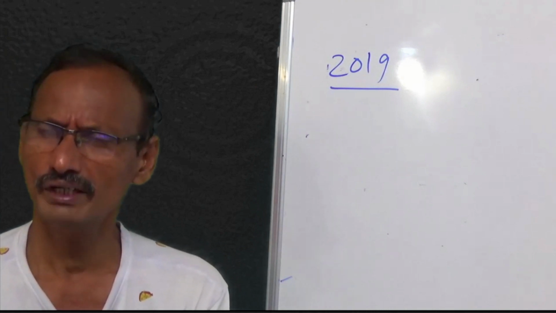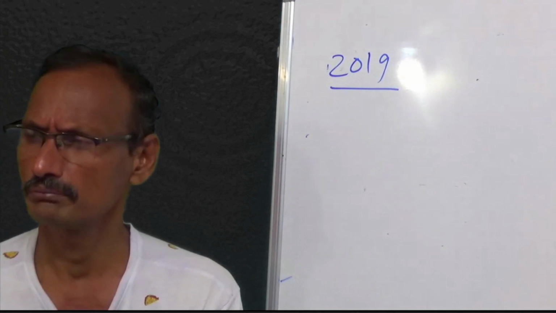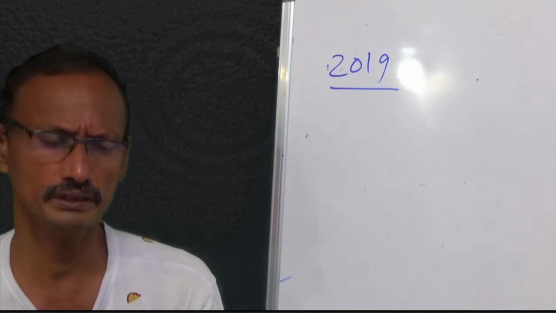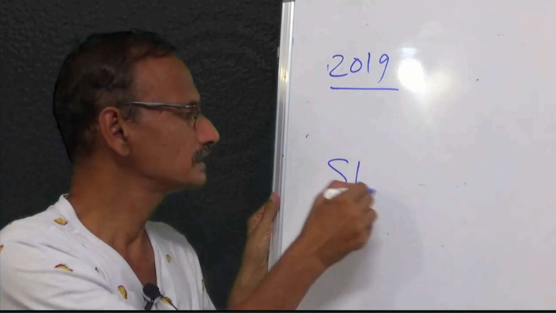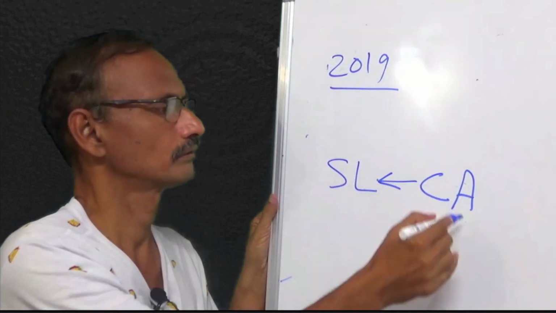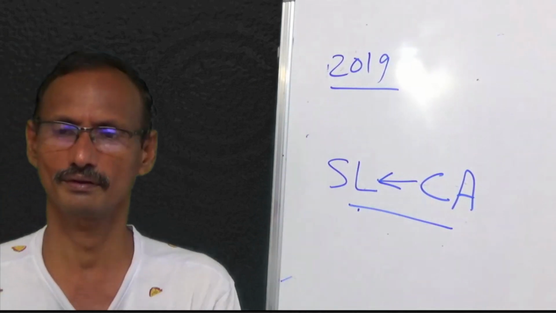It says, why all these problems with the constituent assembly when it was not there anymore? So it simply says, let us make the state legislature an equivalent to the constituent assembly.